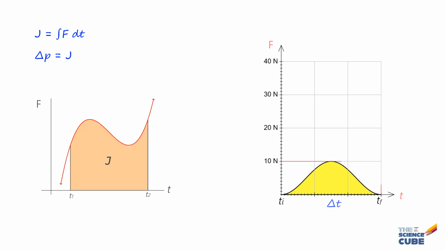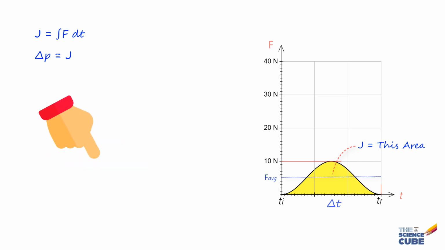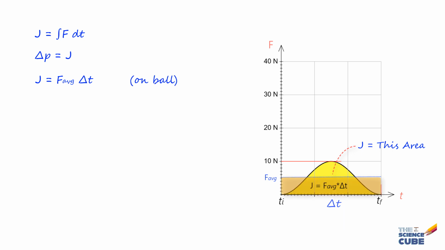Now, in many situations, we may not really know how the force changes with time, but do often know the average magnitude of the force and the time interval delta t of the collision. Then we can write the magnitude of the impulse as J is equal to F average times delta t. So you see, the area under this curve is equal to the area under the curve for the actual force, because both areas give the same magnitude of impulse J.